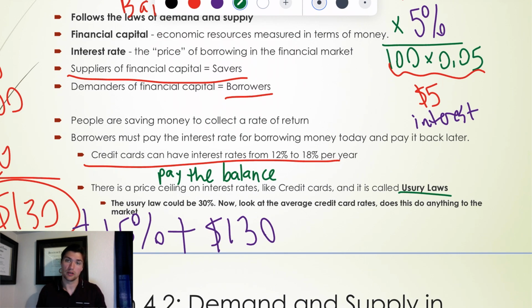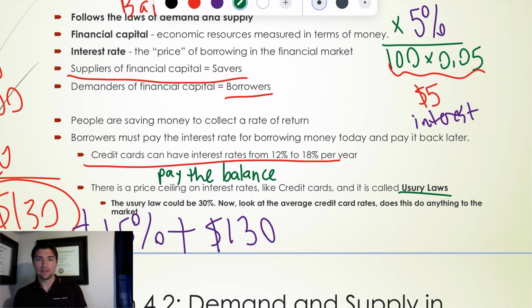But does that help you in the credit card situation? Think about it. If the highest you can go is 30%, but credit card companies are doing 12 to 18%, can they do that? Yes, they can charge you 12 to 18% because it's below the price ceiling. So these really don't help you out as much, but they will protect you for anything above 30%.